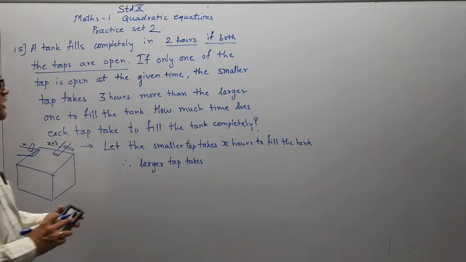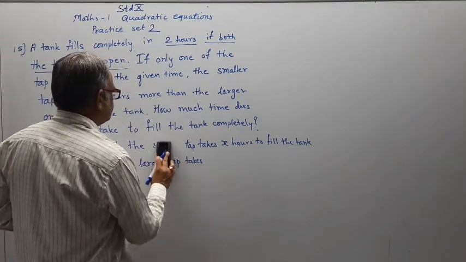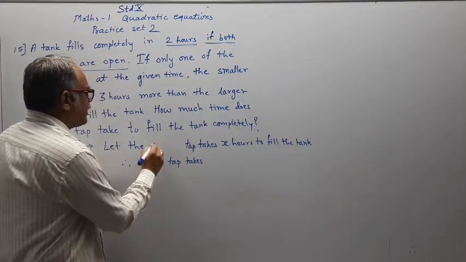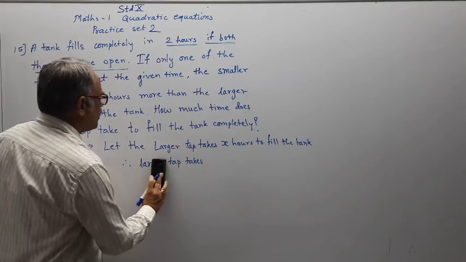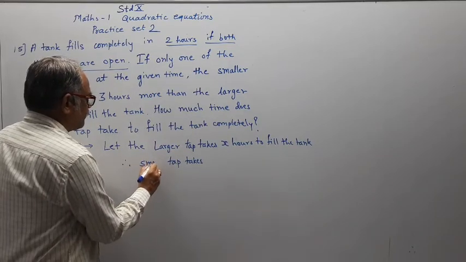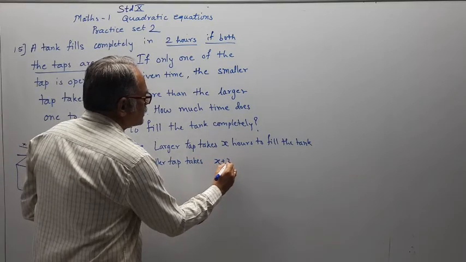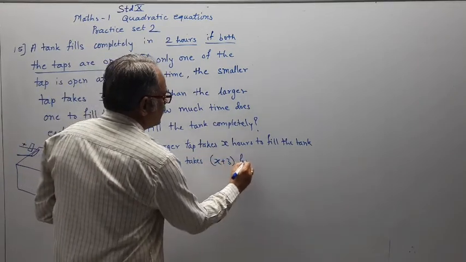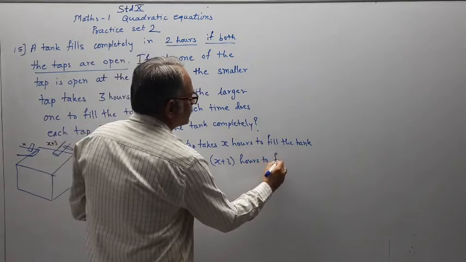We will assume the larger tap takes X hours as it is shown in the figure. Let the larger tap take X hours. Therefore, the smaller tap takes X plus 3 hours to fill the tank.